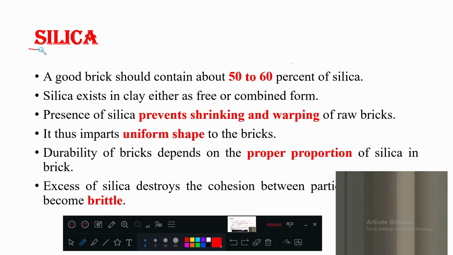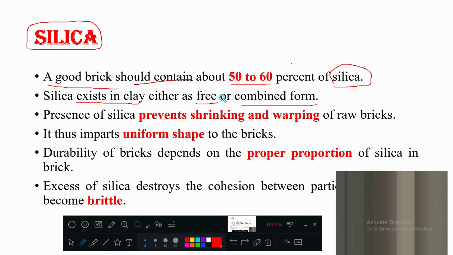Next compound is silica. The next composition of the brick will be silica. See, a good brick should contain minimum 50 to 60% of silica. Silica exists in clay either as free or in combined form. Free means SiO2, combined means some other compounds have been added.